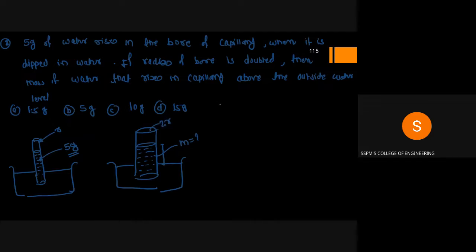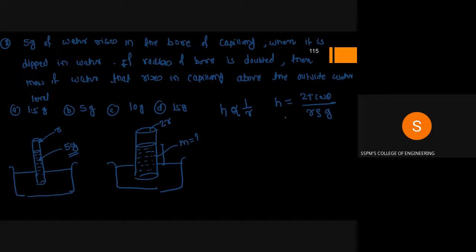Now we have the formula for rise or fall of the liquid in the capillary tube. H is inversely proportional to the radius. So you know the formula for capillary rise: h is equal to 2T cos theta upon r rho g. So h is inversely proportional to r.